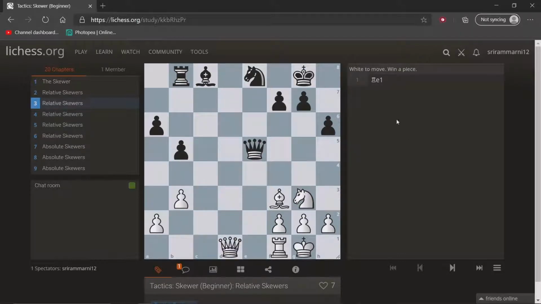So the answer here is rook to e1. Again, we're skewering this queen on e5, and when this queen moves away to any square, because it won't really matter, the knight will be able to be taken anyway, no matter what. Even if the queen moves to c7, the rook takes on e8 and reveals check.